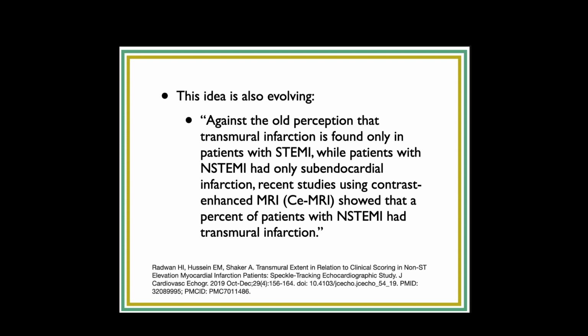I threw in a quote, which was the hardest thing to pin down. Against the old perception that transmural infarction is found only in patients with STEMIs, while patients with NSTEMIs had only subendocardial infarction, recent studies showed that a percentage of patients with NSTEMIs had transmural infarctions. So in other words, the differences that we thought were there are just not there.